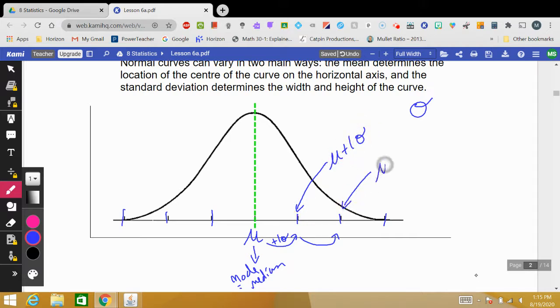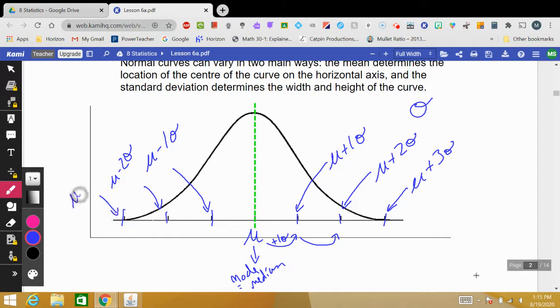This one is the mean plus 2 standard deviations. And this one is the mean plus 3 standard deviations. This one is the mean minus 1. This one is the mean minus 2. And this one is the mean minus 3. And hopefully all of our data values will fall between those two numbers. Okay?